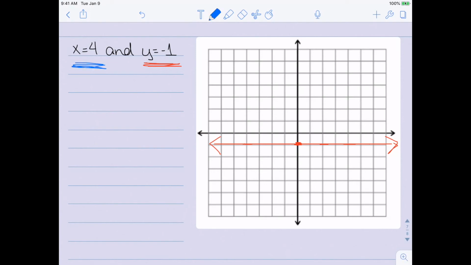For x equal to 4, it's of the form of a vertical line, but even if we don't know that, we should start to think, when is x equal to 4? Well, it's equal to 4 here, and also up here, and also down here, and we can start to see the vertical line appear. So x equal to 4 would be a vertical line.